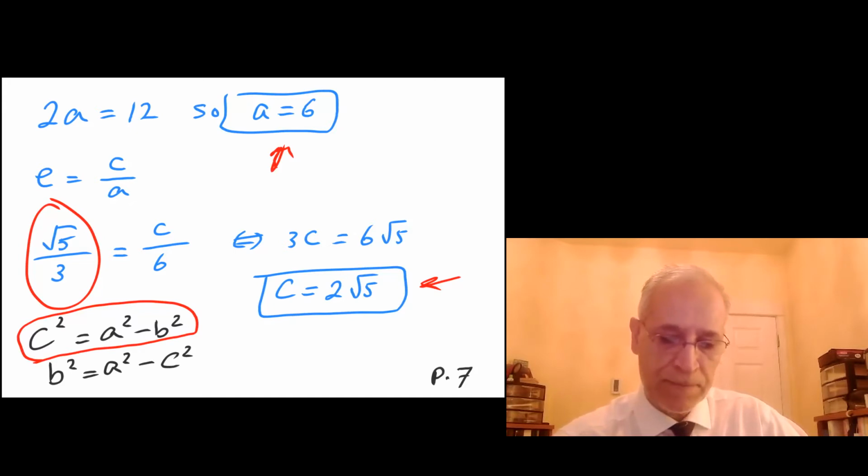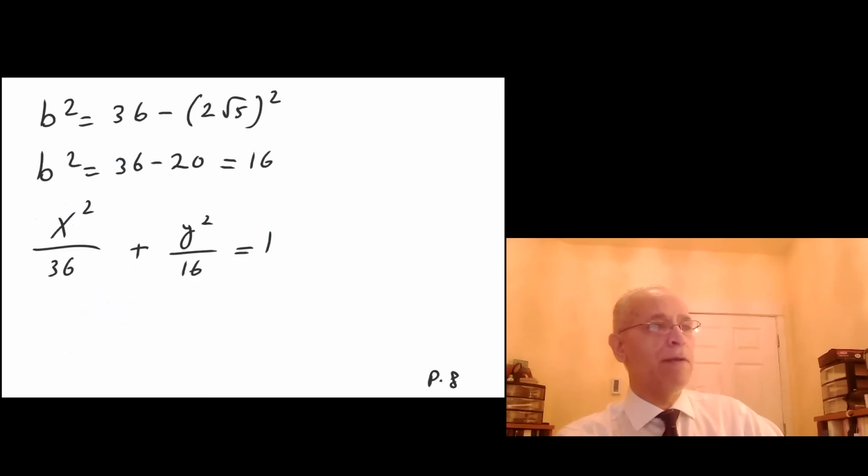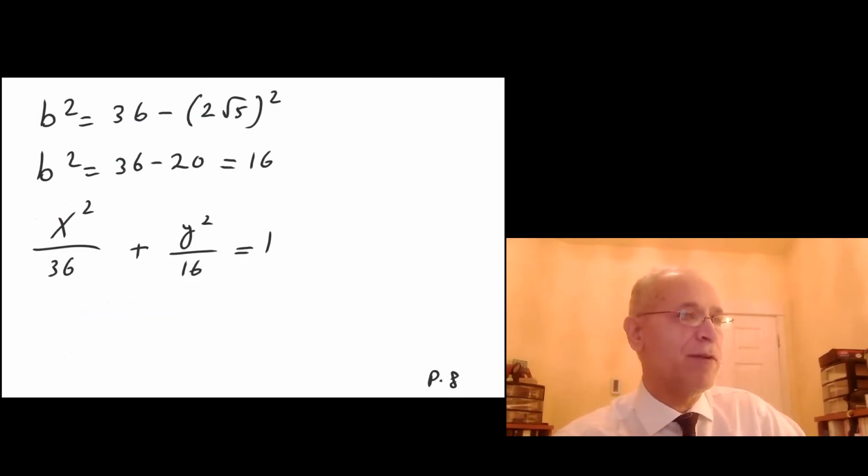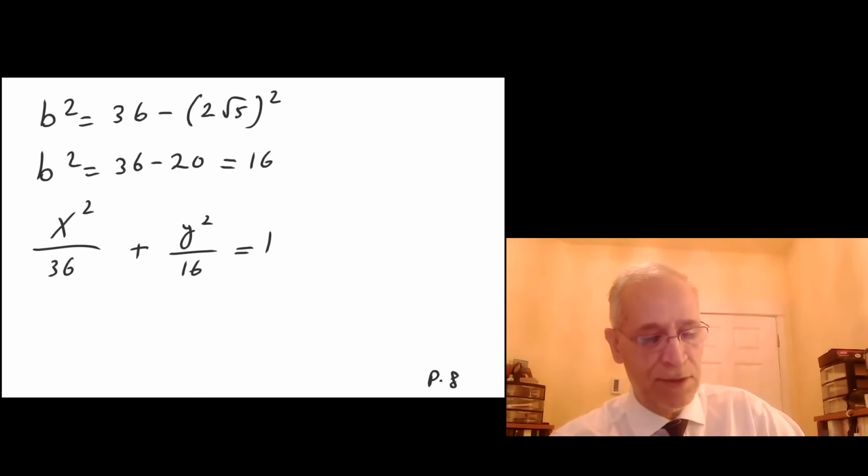So I have b squared equals 36 minus (2√5) squared. 2√5 times 2√5 gives me 2 times 2 is 4, and √5 times √5 is 5, and 4 times 5 is 20. So b squared equals 16. Finally, I have x squared over 36 plus y squared over 16 equals 1.